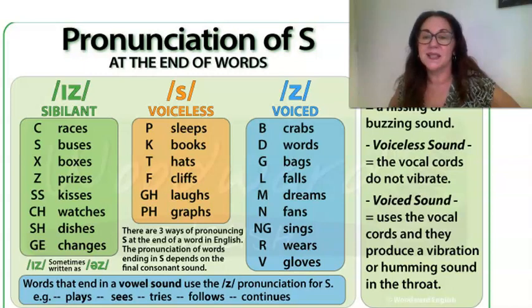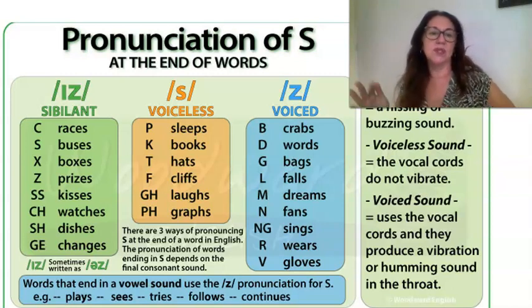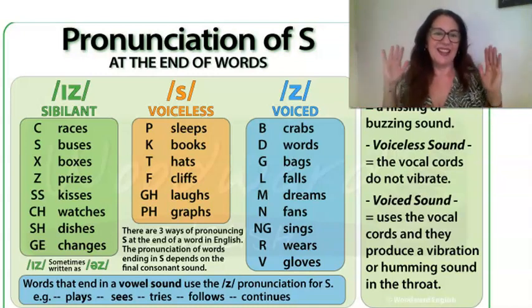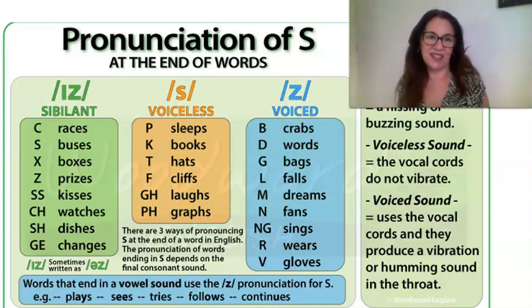Races, buses, boxes, prices, kisses, watches, dishes, changes. So again, because if I do not make this E sound in the middle, then you don't get that the person is trying to produce an S at the end. Well, this is too long already.